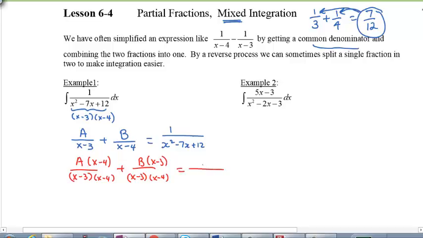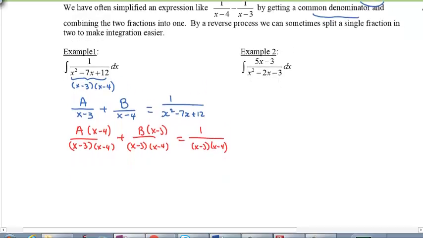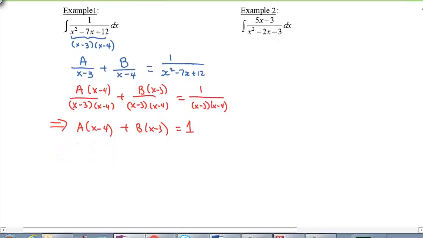And on the right hand side, I'm not missing anything, because that's just x minus 3, x minus 4, so I'm good. Of course, once the denominators are the same, we can equate the numerators. So therefore, what I have here is A times x minus 4 plus B times x minus 3 is equal to 1. Now, your goal here is to solve for A and B.